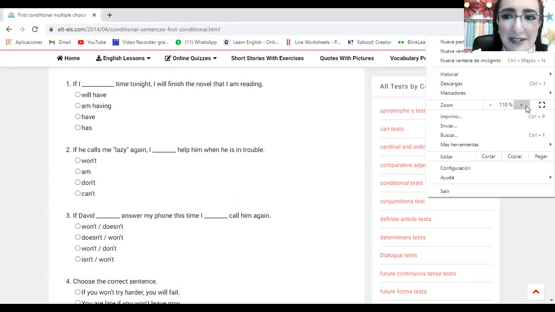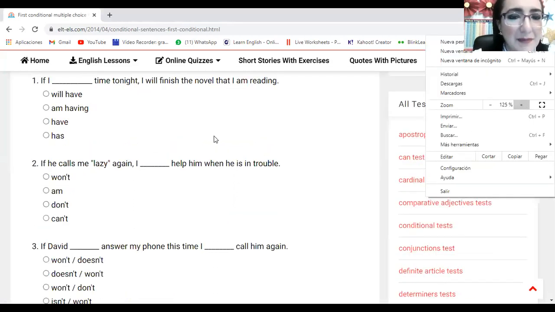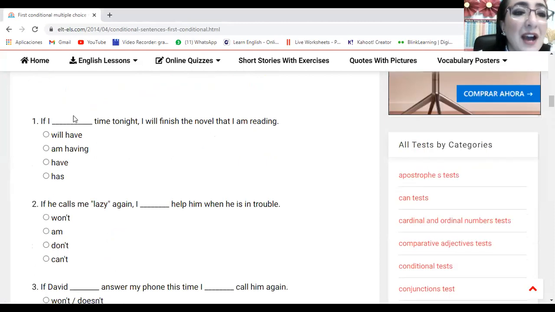Yes, I'm making it bigger. If I have time tonight, I will finish the novel that I'm reading.